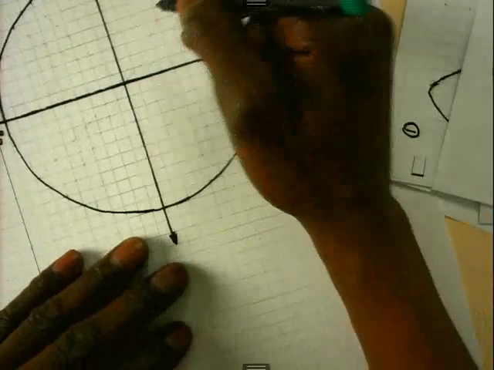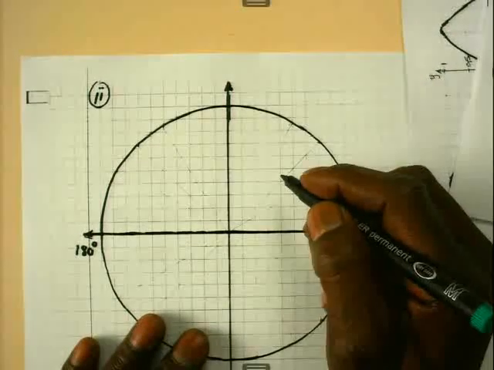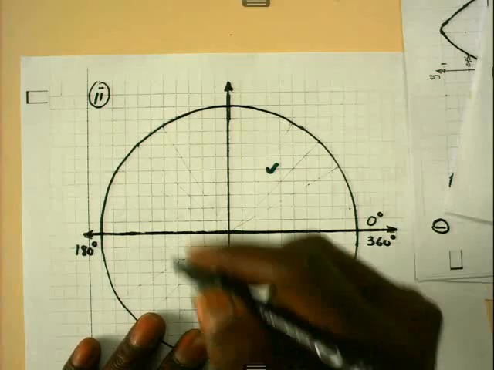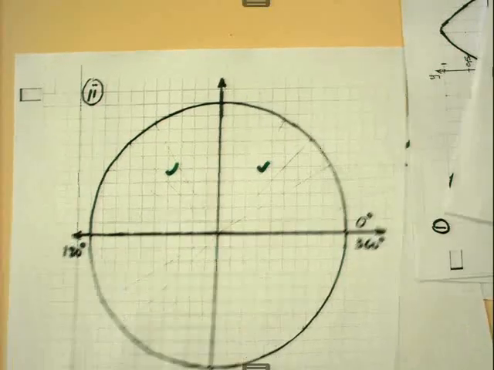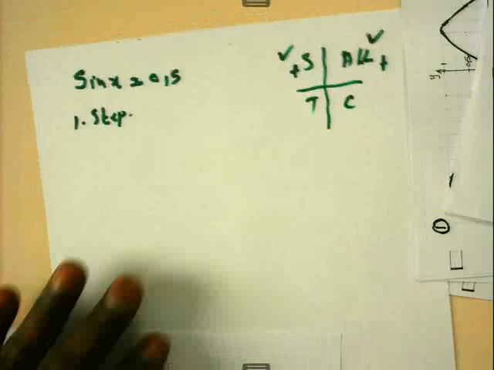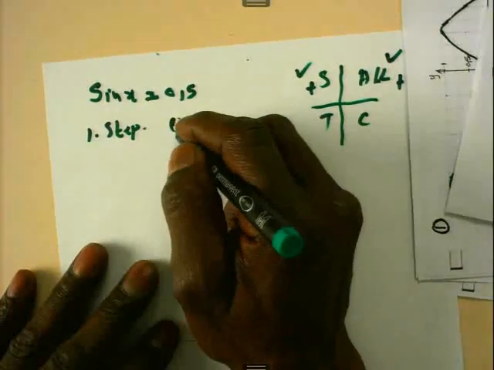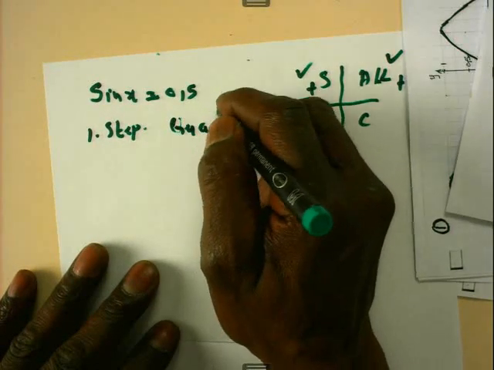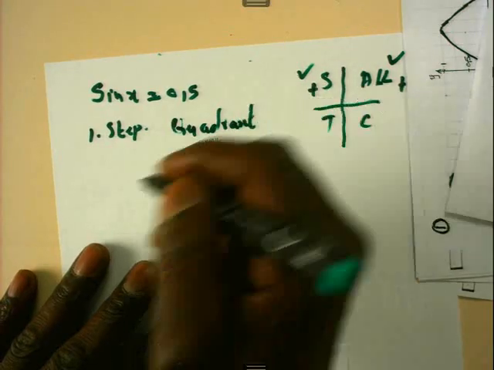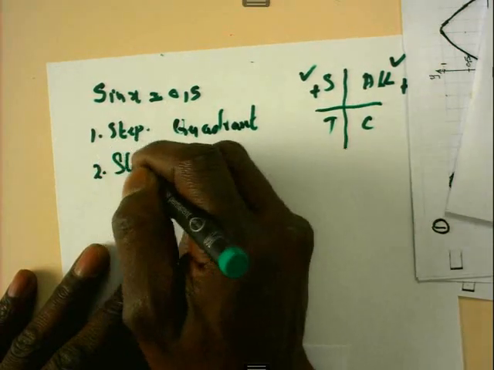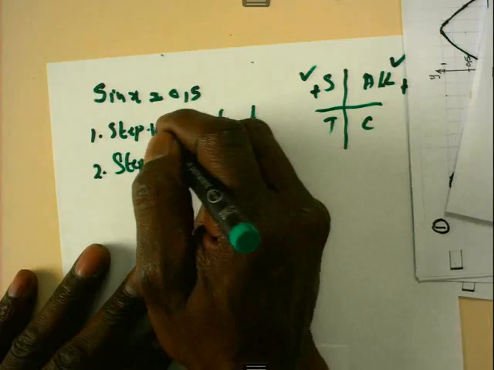We are working in the first quadrant and the second quadrant. Now, that was step one. We have identified the quadrant.